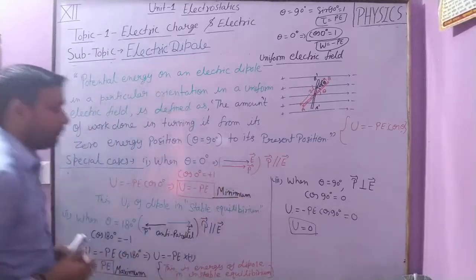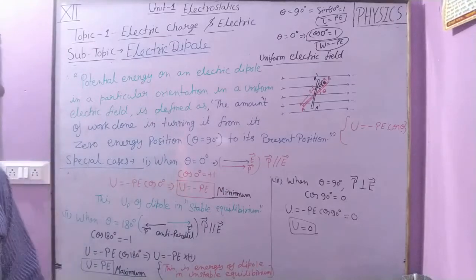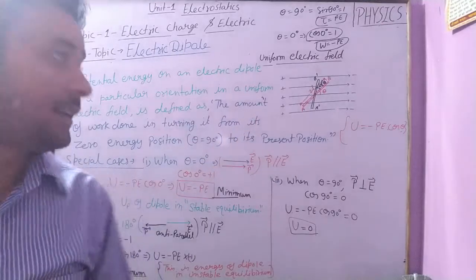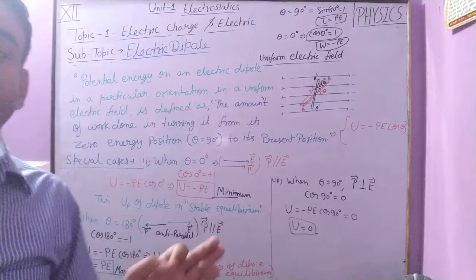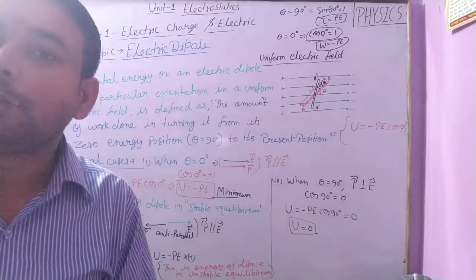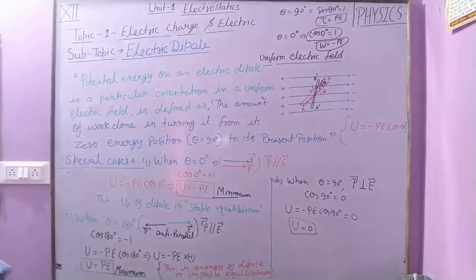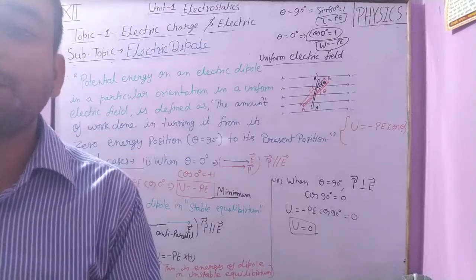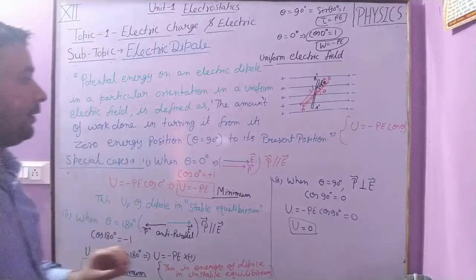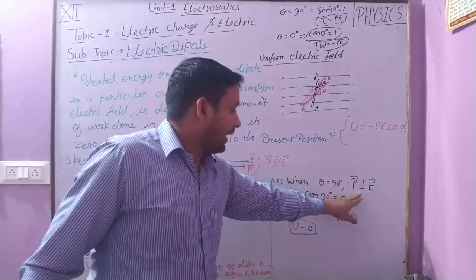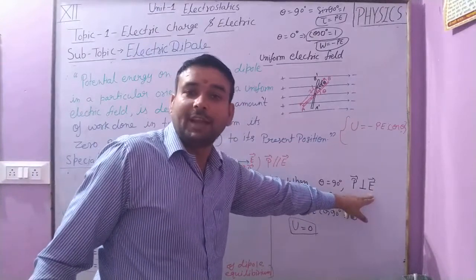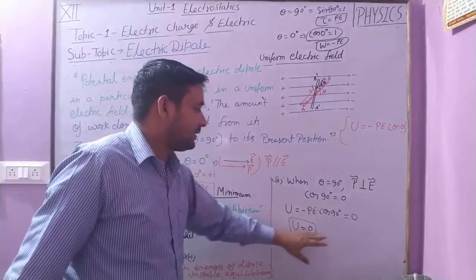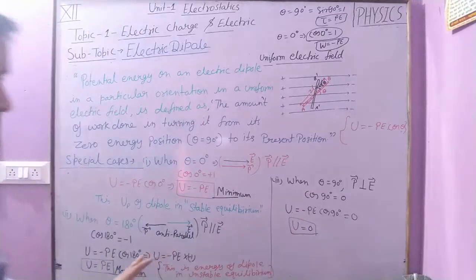Which means the potential energy of an electric dipole in a uniform electric field is minimum when the dipole is kept in stable equilibrium, while the potential energy is maximum when the dipole is kept in unstable equilibrium. And when the electric field and electric dipole moment are perpendicular to each other, the potential energy is 0. Note these cases.